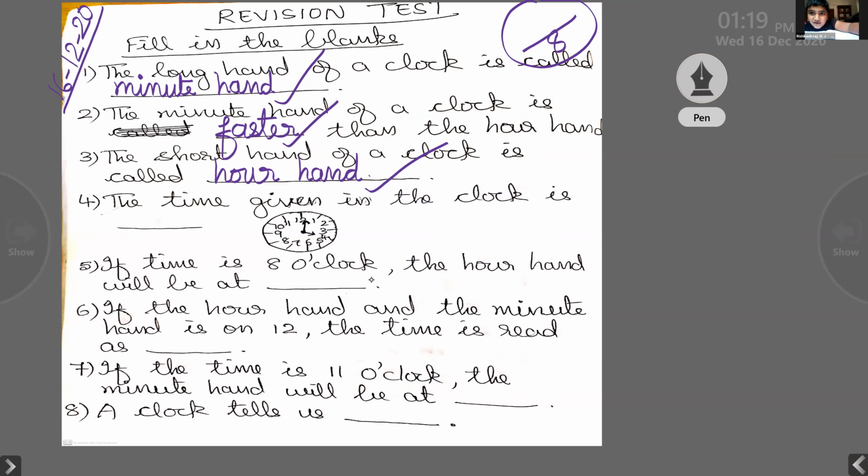Yes, good. The time is 4 o'clock. Write 4, write a capital O, put an apostrophe and write clock. 4 o'clock. Put a tick mark. It is correct.